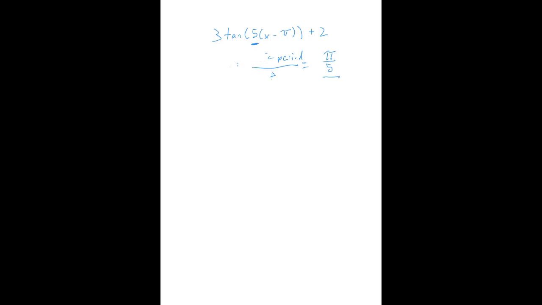So I want to draw my x-axis for tangent. Now, tangent is the only weird function where instead of just drawing from 0 out to your period, tangent kind of sits in the middle. So instead of our function starting here and then doing its stuff out to its period, tangent starts in the middle.